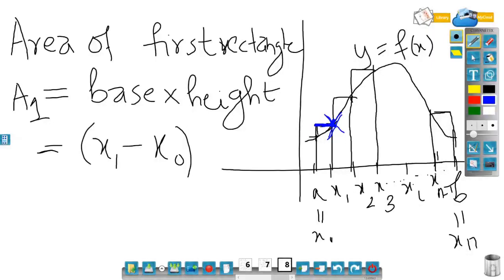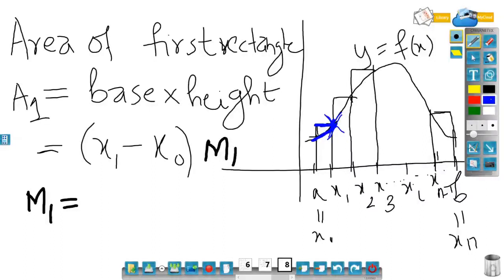Let me call that value m1. And what is m1? m1 is basically the maximum value of the function, of this curve, between x0 and x1.